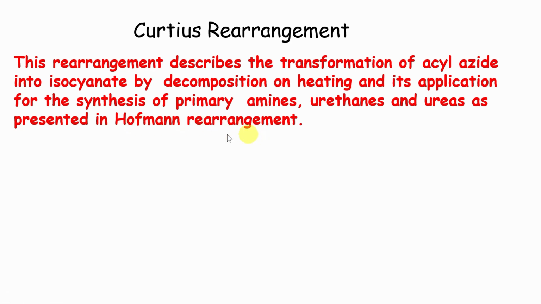In Hofmann's rearrangement, an amide is converted into an isocyanate, while in this Curtius rearrangement, an acyl azide is converted into isocyanate. The rest of the reaction is similar to Hofmann's rearrangement. For example, on hydrolysis of the isocyanate, we will get primary amine, as in the case of Hofmann's rearrangement, in this Curtius rearrangement also.